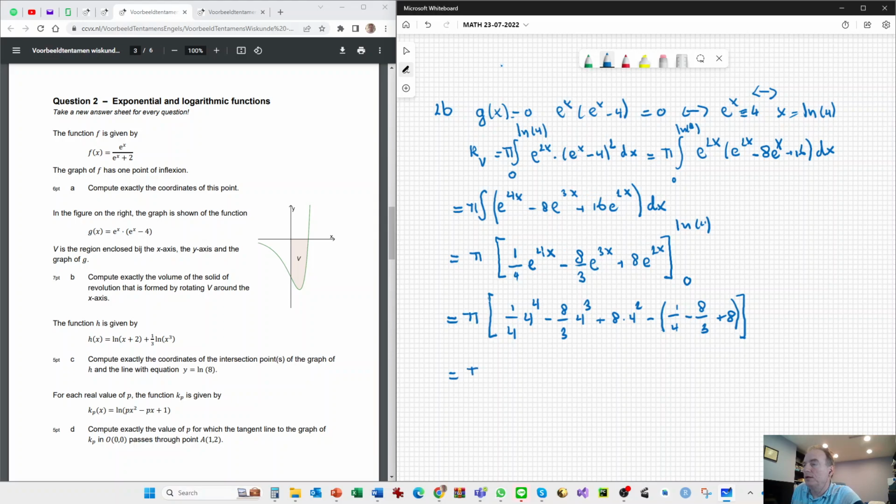What do I get here? I have 4 to the power 4 divided by 4, which is 4 to the power 3, which is 64. And then minus 4 to the power 3 is 64 times 8 divided by 3.